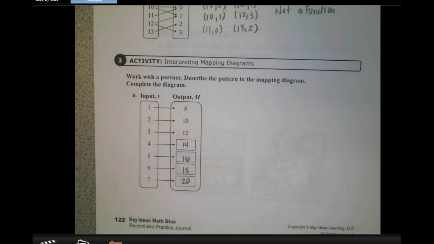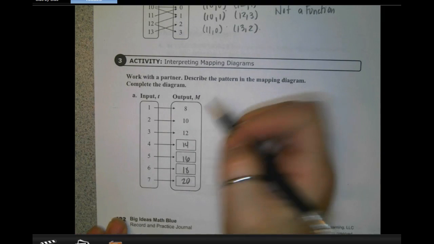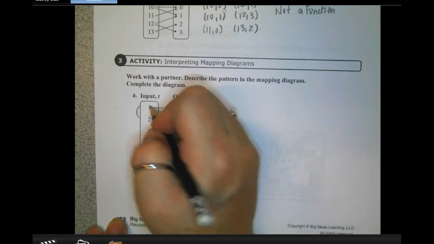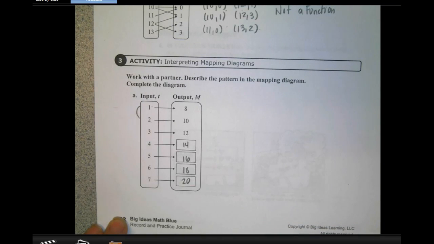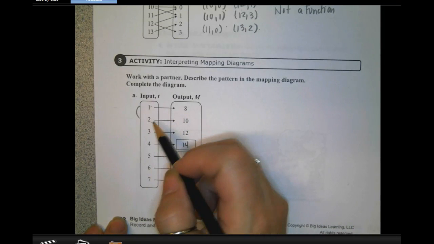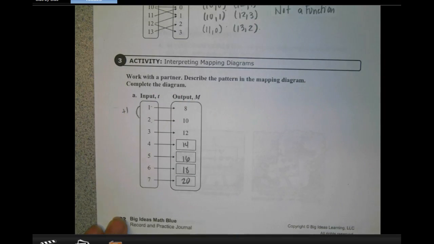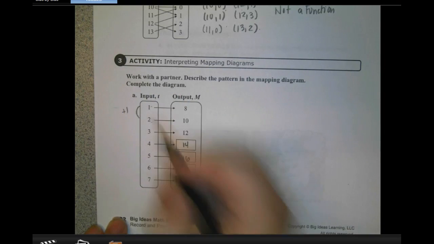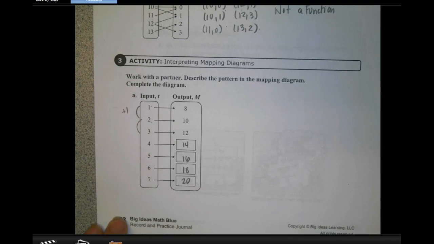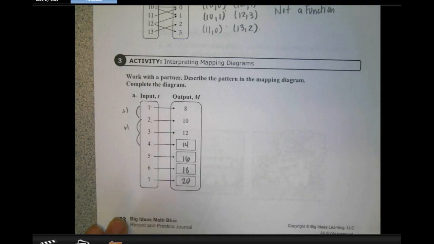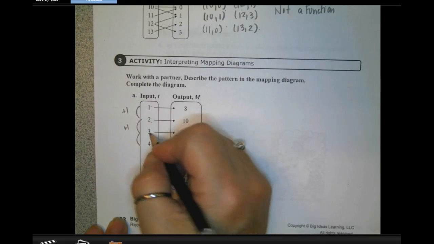All right. So what I want us to look at is a change. What happens from 1 to 2? What did I do? From 1 to 2, I added 1, right? It increased by 1, correct? What about from 2 to 3? 1, yeah. Increased by 1. From 3 to 4?